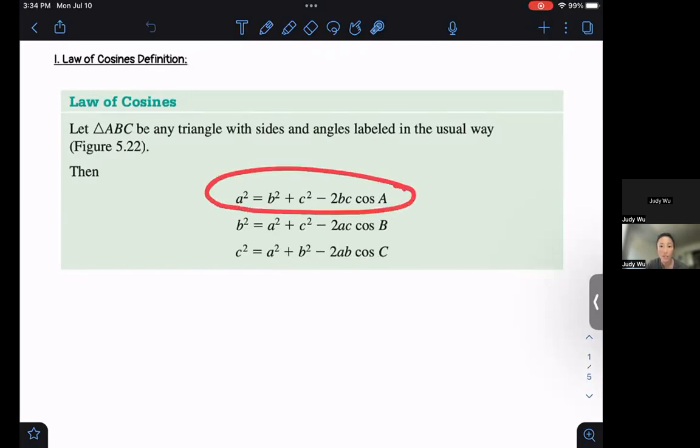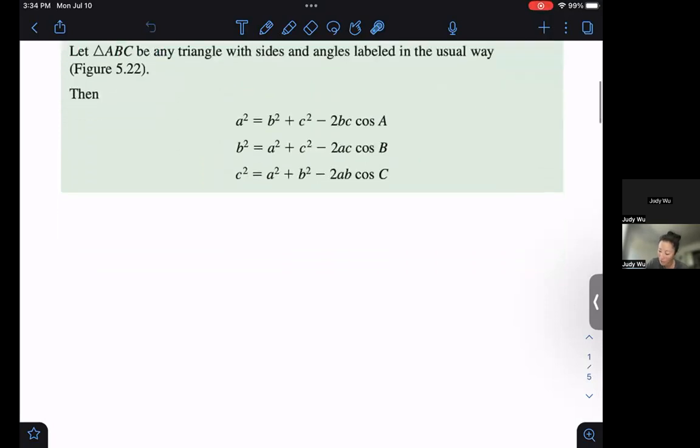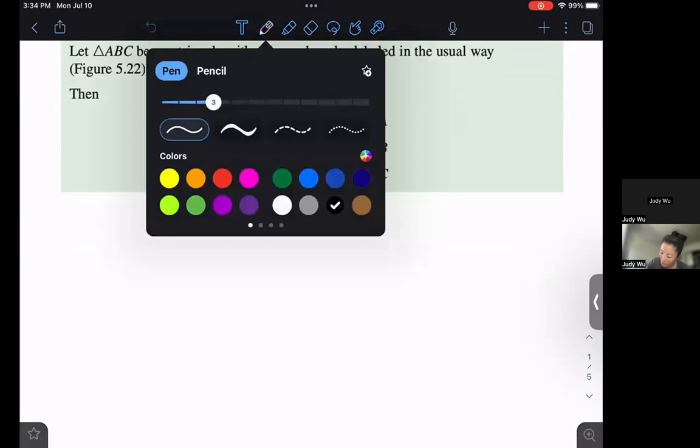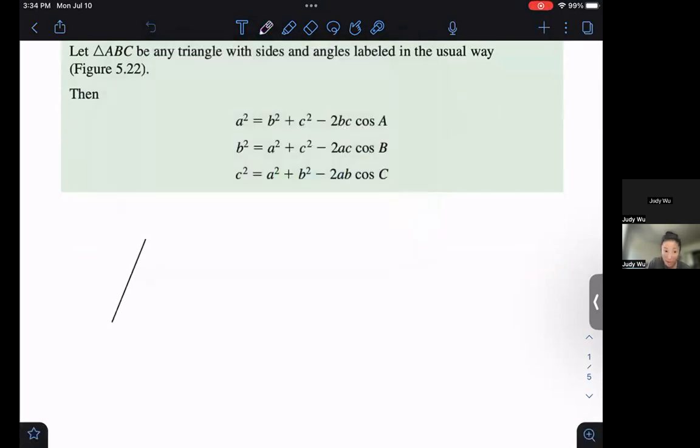I just want to focus on the first one for right now. So let's say we draw ourselves a non-right triangle, and we've got A, B, C. Then little a is here, little b is here, little c is here.